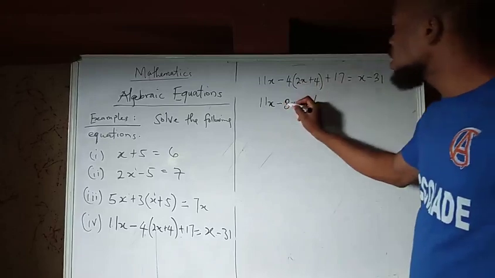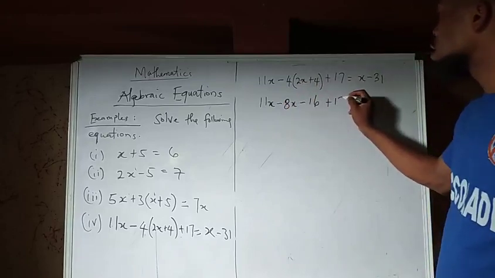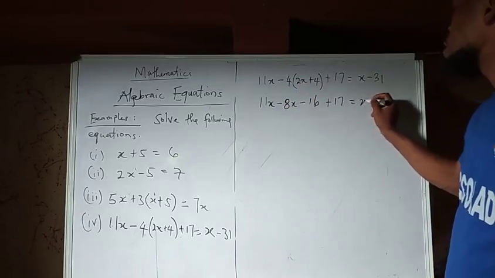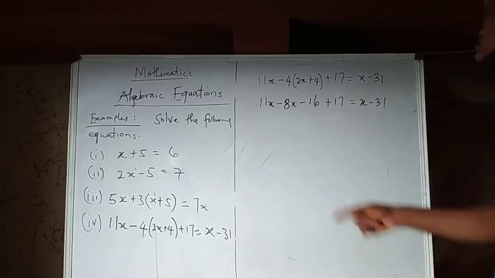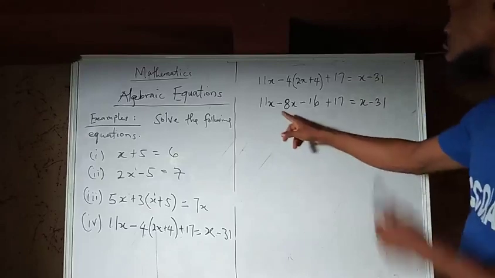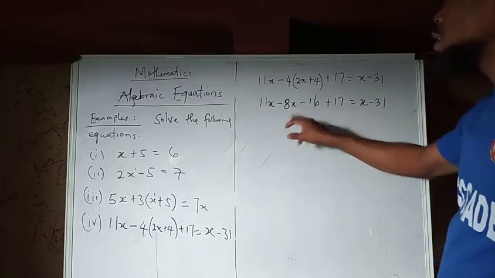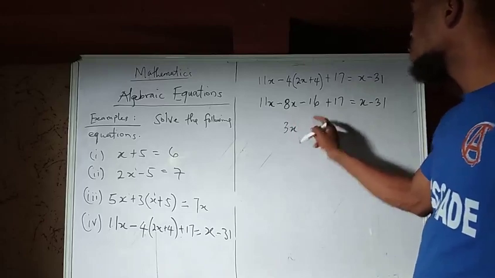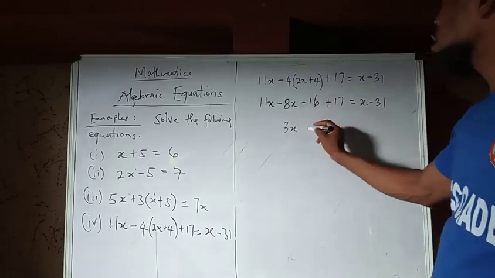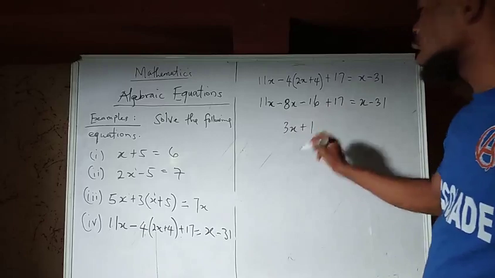Okay, so with this said, then this is going to be plus 17 up here equals x minus 31. Alright, so now with what we have here, this is going to simply be 11x minus 8x is 3x. Minus 16 plus 17 is going to be plus 1.